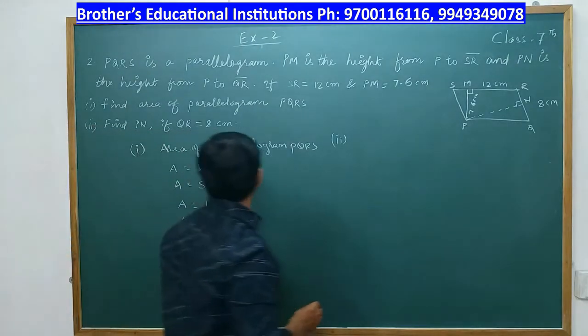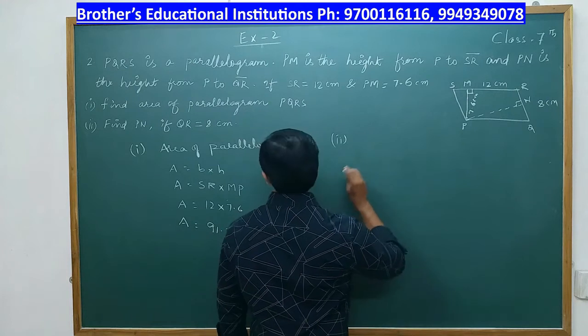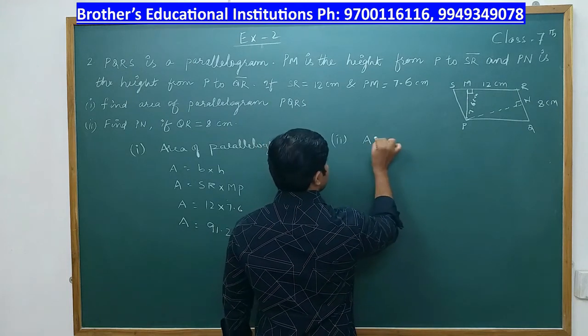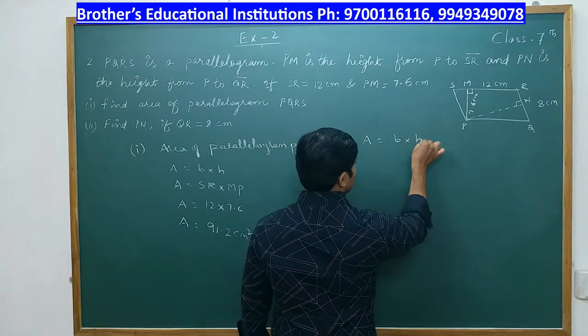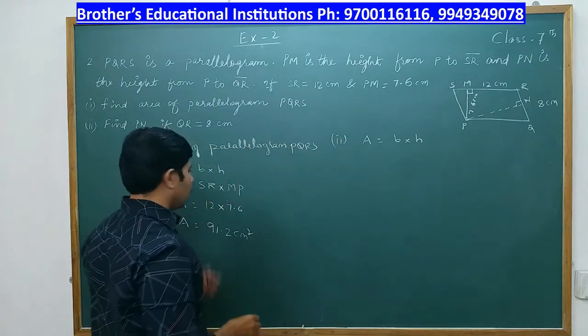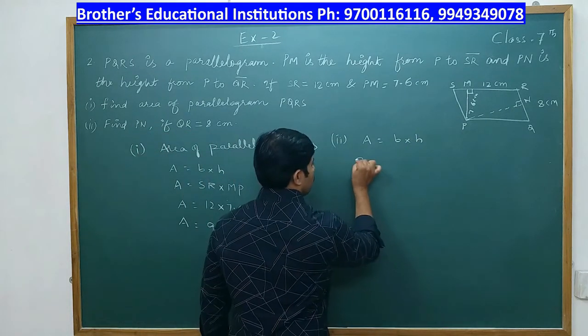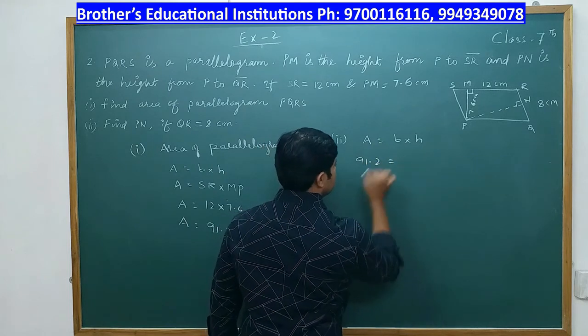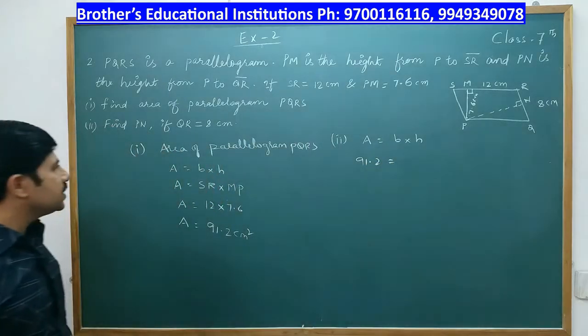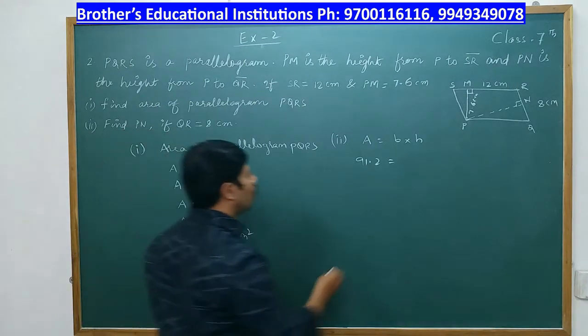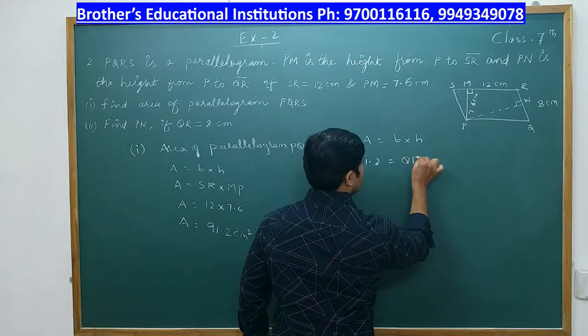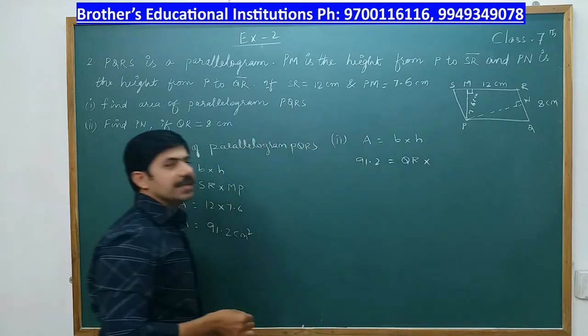So again, to find this altitude, area is equal to base into height. Already we know the area, it is 91.2. So write 91.2 is equal to base. What is the base? Base is nothing but QR, into, what is height? It is PN.